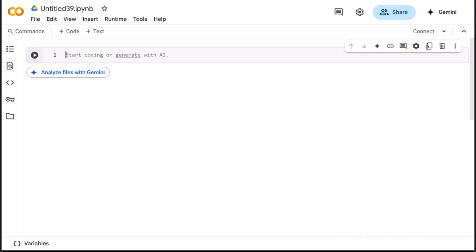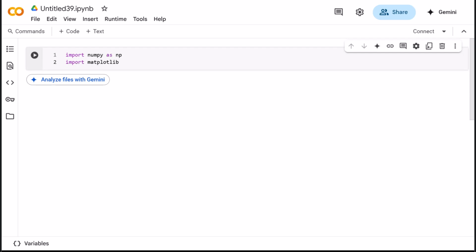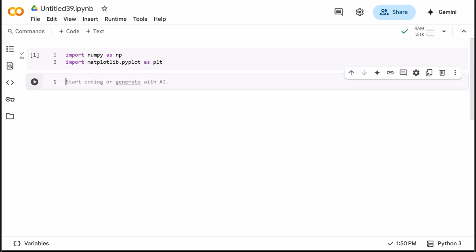All right, so for coding here, we need to import numpy as np. We need to import matplotlib.pyplot as plt. Okay, so here we define our parameters: n is equal to 25 and k is equal to 15, right?